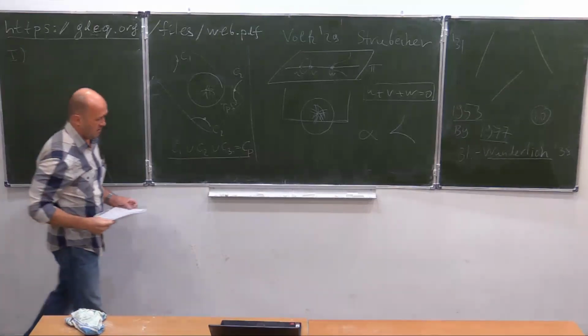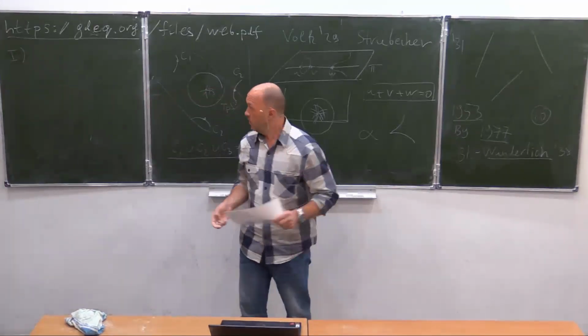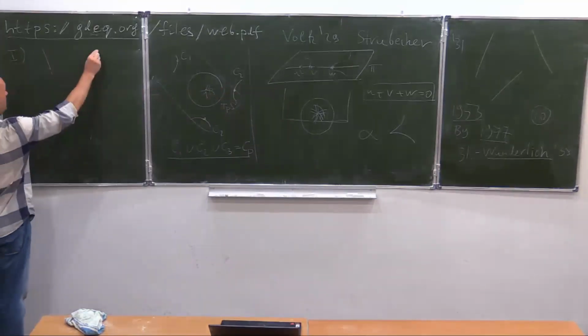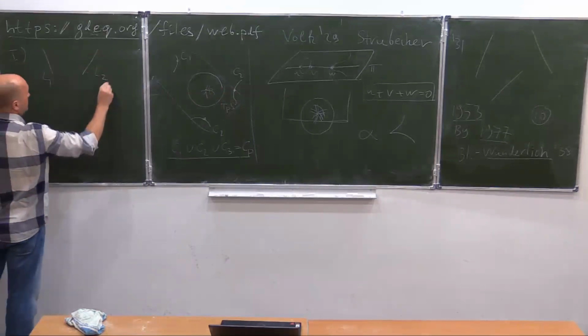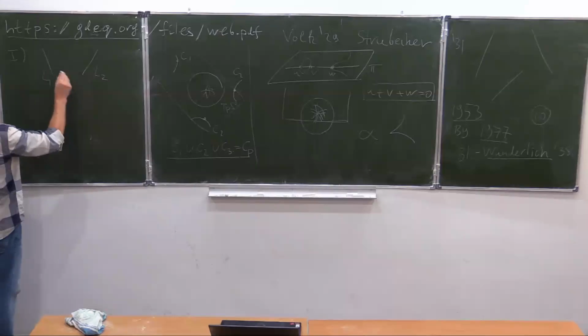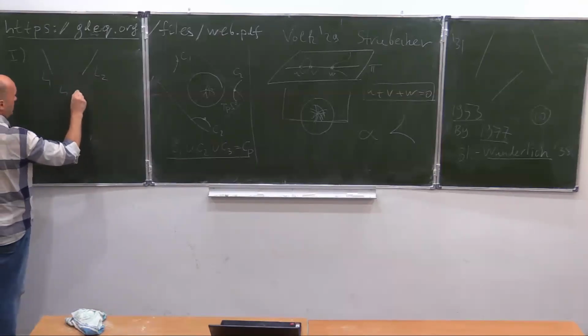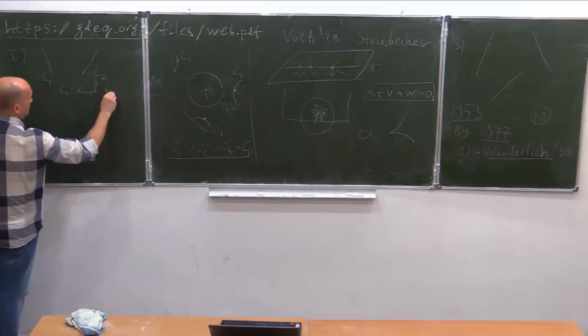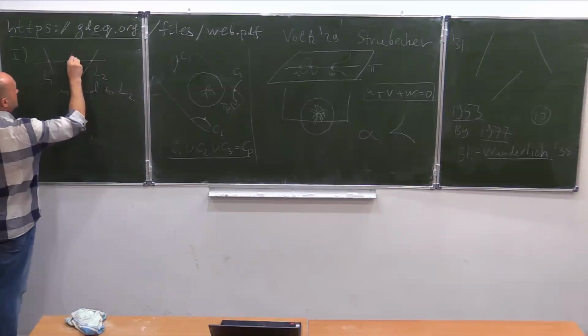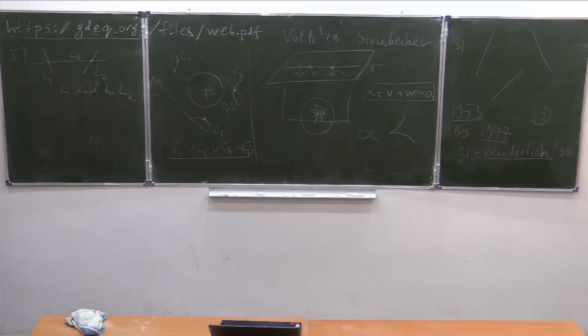a hexagonal 3-web of circles. You take two lines, L1, L2, which are dual with respect to the Darboux quadric, and then take a third line which intersects these two dual lines.